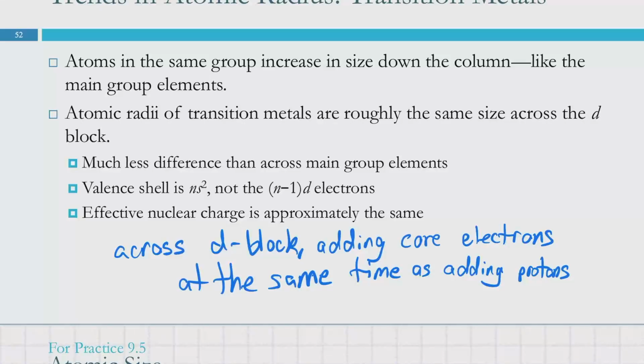So effectively, every time we're adding a proton, we're also adding a core electron, and so the effective nuclear charge is about the same across. So the size doesn't change much from left to right.